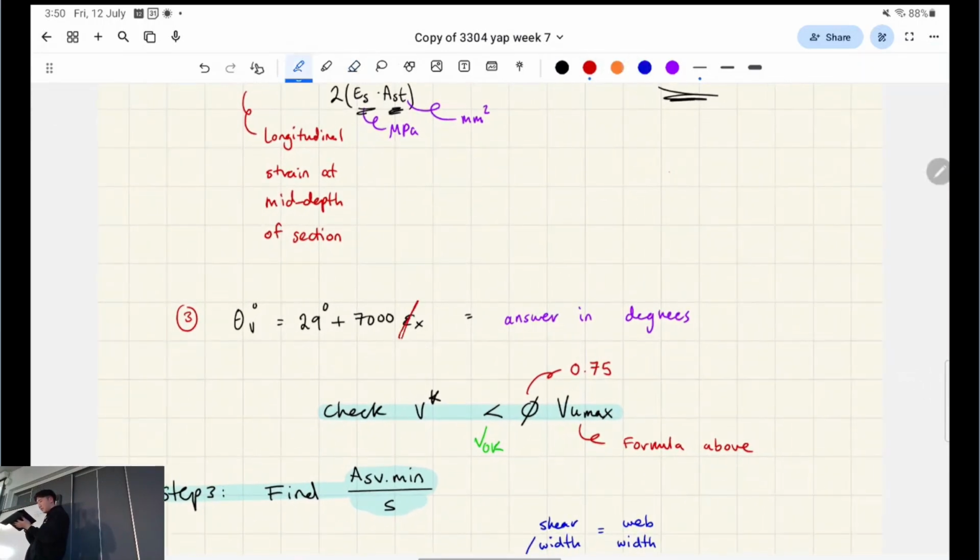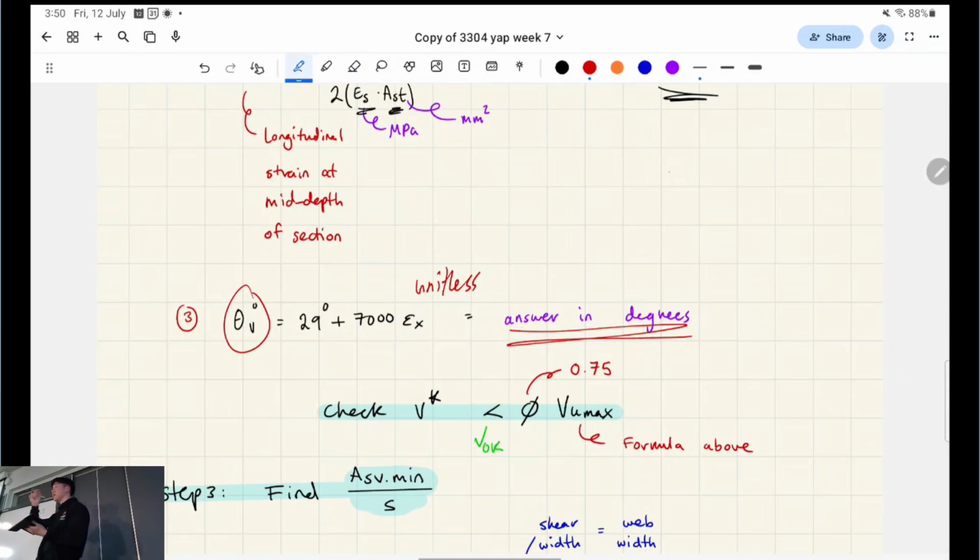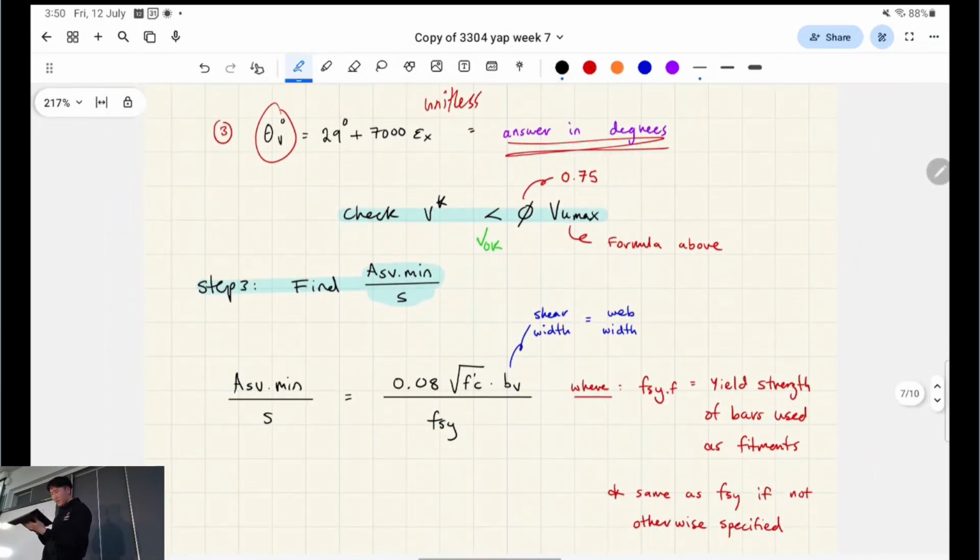So even though this is a unitless value, because it's strain, we're going to get the answer in degrees. Right, so I usually call this theta v degrees. You don't need to convert to radians, basically. This isn't maths or first year physics. Concreters just want things in degrees and normal units, you know what I mean? Okay.